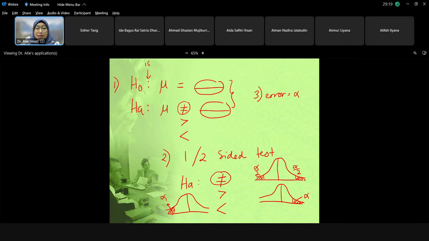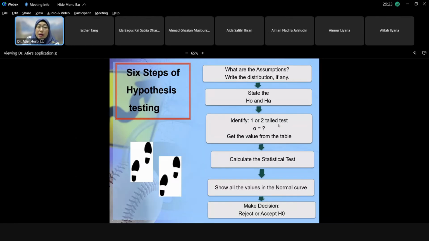Okay, so let's continue to the next one. After you have understood what needs to be done, how to write the hypothesis, and what one and two tail tests are, it comes to this part, the 6 steps of hypothesis testing.